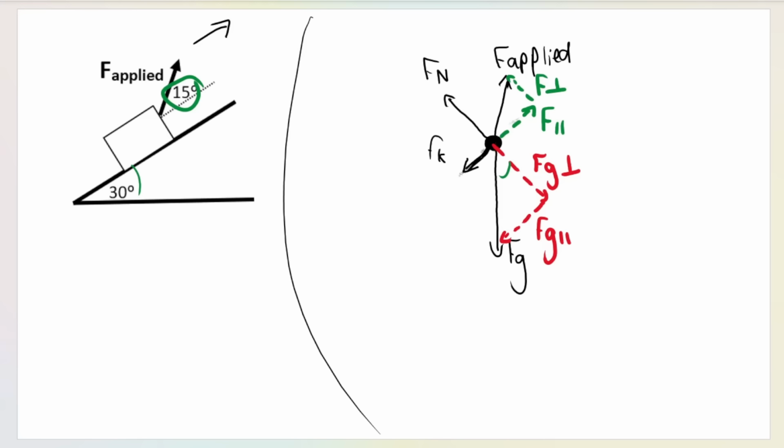Now, how would I use this in a question or a calculation? Let's say the question asks you to solve for kinetic friction. You will say, okay, cool. I want kinetic friction, and kinetic friction is parallel to the slope.